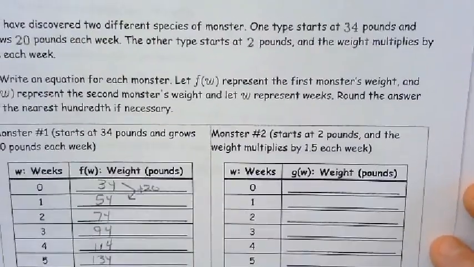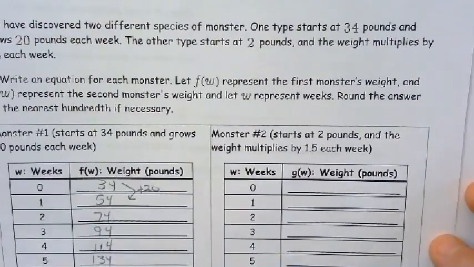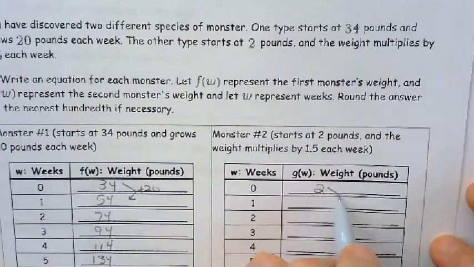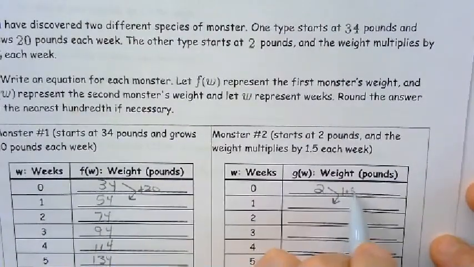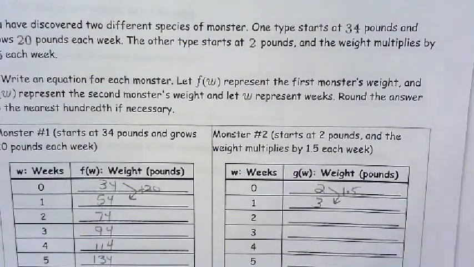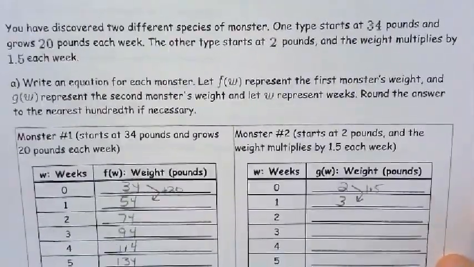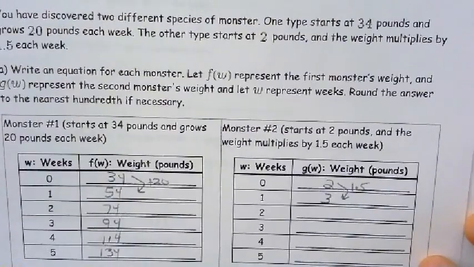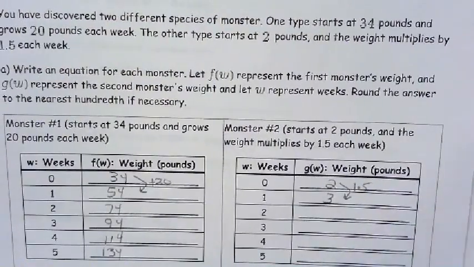Second one, it starts at 2 pounds, and it multiplies by 1.5. So that'd be 3. Alright, so this is going to be a little more difficult.